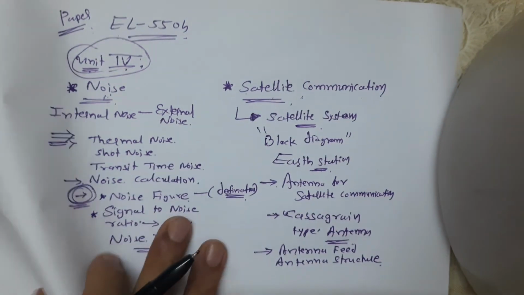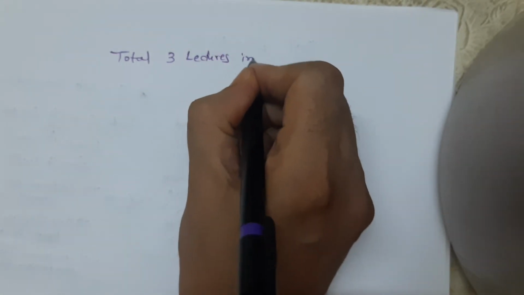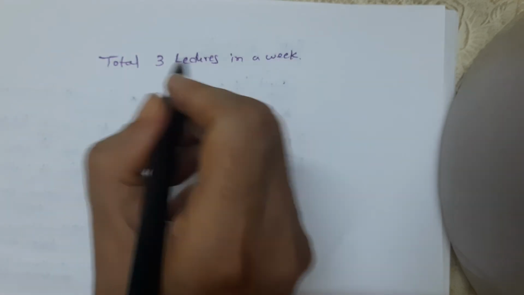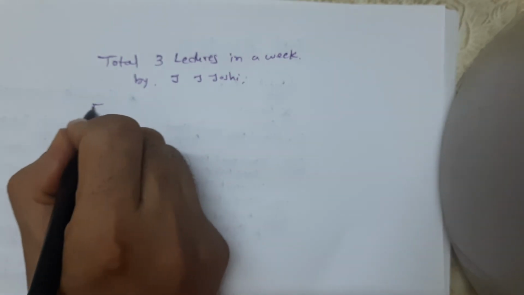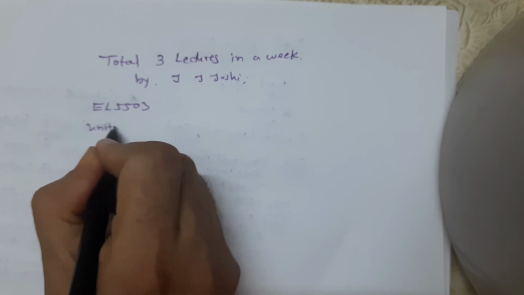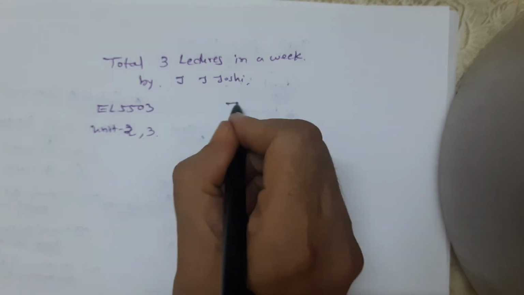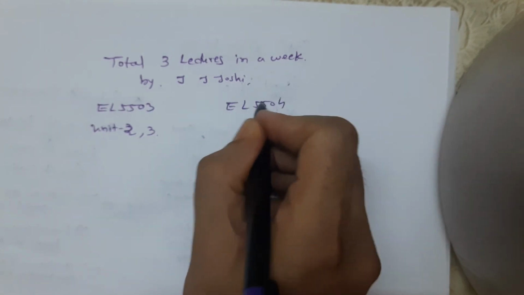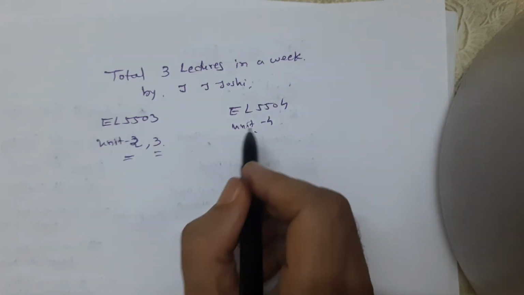So in total there are 3 lectures in a week by J.J. Joshi: paper EL5503, Unit 2 and Unit 3, and paper EL5504, Unit 4. I will take this.